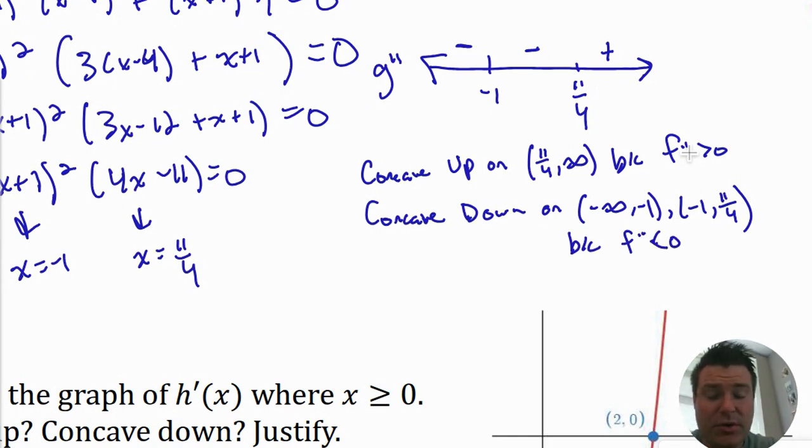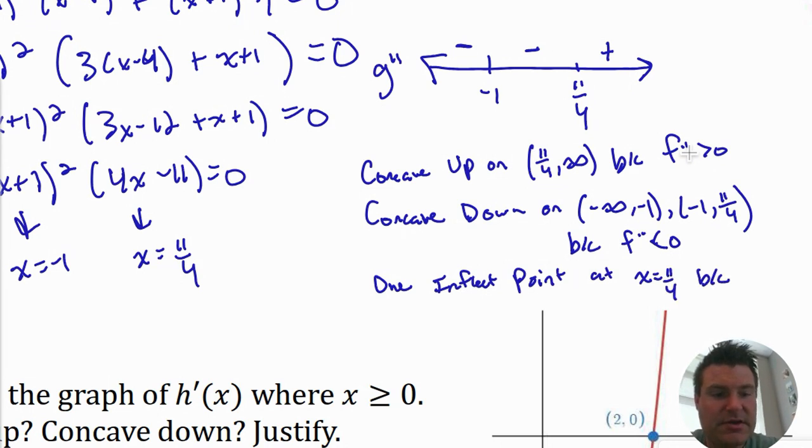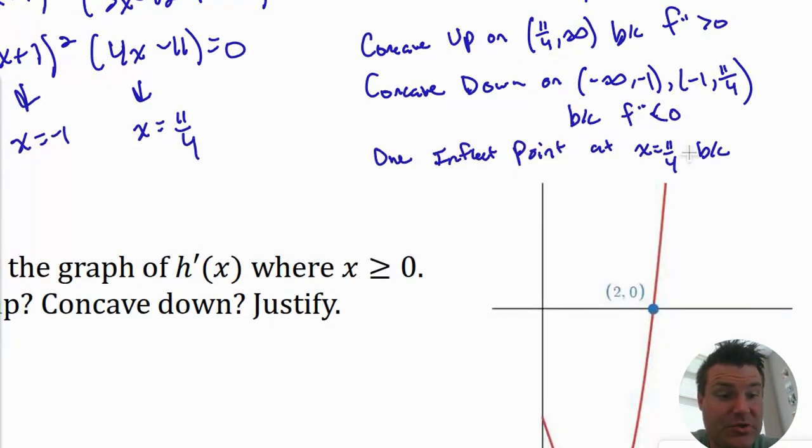We have actually just one inflection point. Since we don't know the y value, I'm just going to say at the x value, at x equals 11/4, because g double prime changes signs.